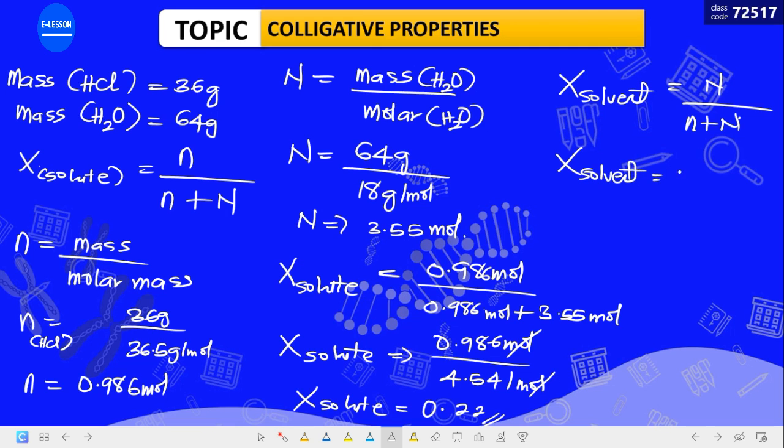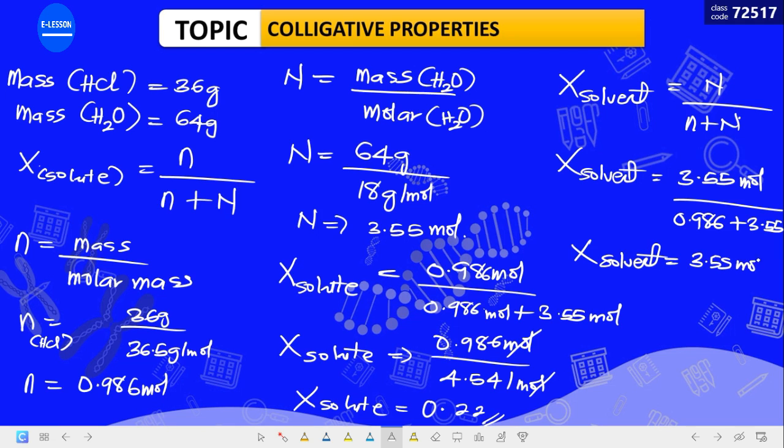So the number of moles of the solvent is equal to 3.55. The mole fraction of the solvent equals the number of moles of solvent divided by the number of moles of the solute, 0.986, plus the number of moles of the solvent again, which is 3.55, everything in mole. So moles of solvent is 3.55 mole divided by 4.541 mole.